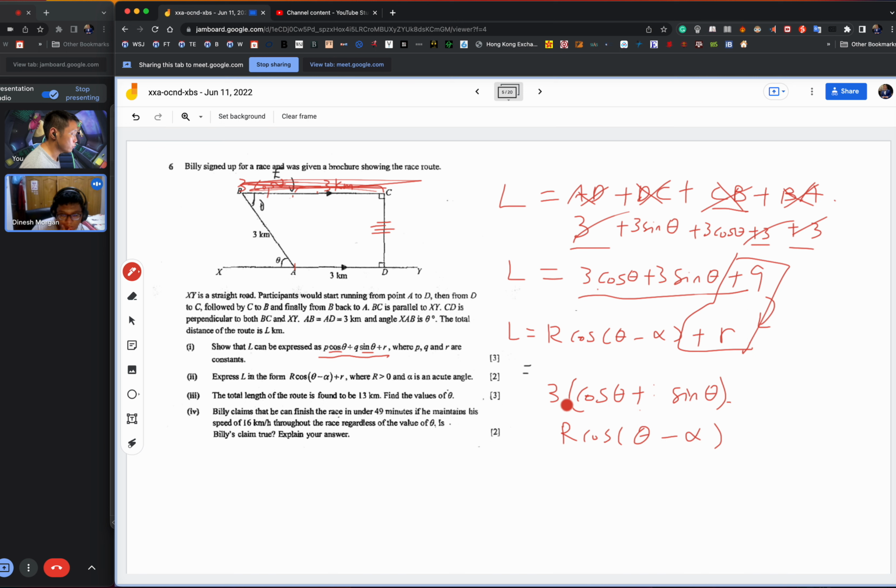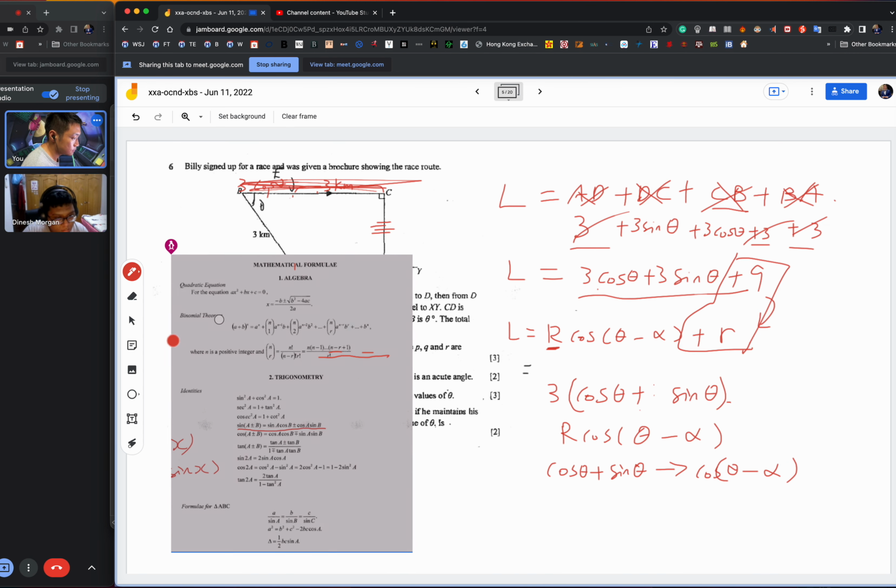Your R is equal to 3, your big R. So your job is to get cosine theta plus sine theta into the cosine of theta minus alpha format.